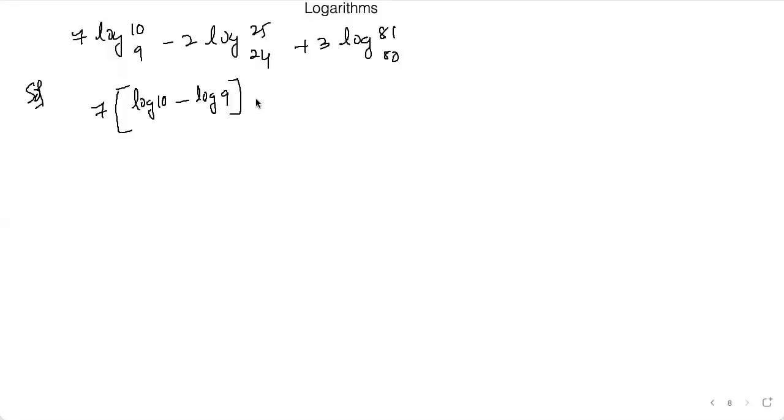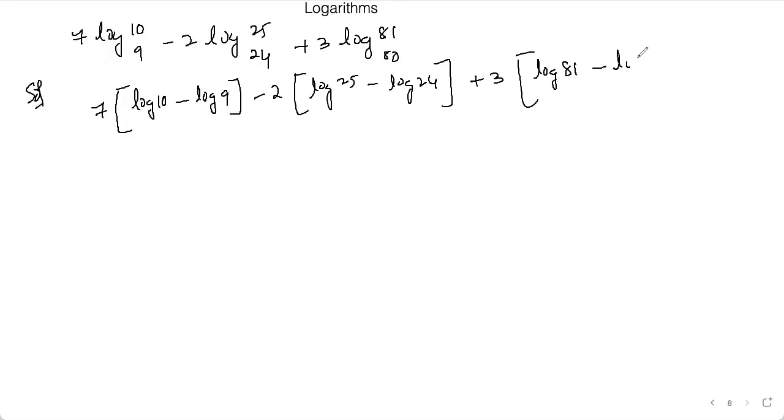And then this will be minus 2 log 25 minus log 24, right? And plus 3 log 81 minus log 80.